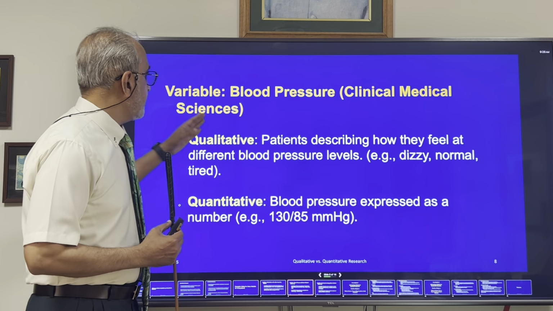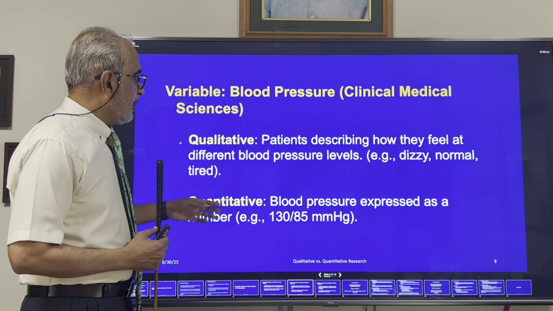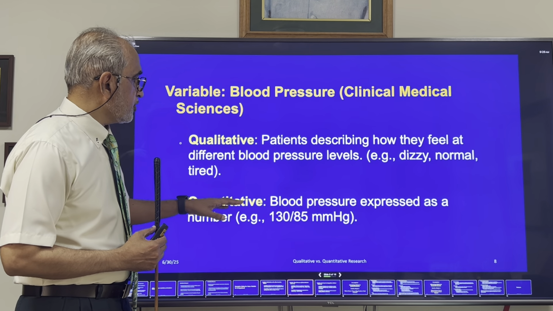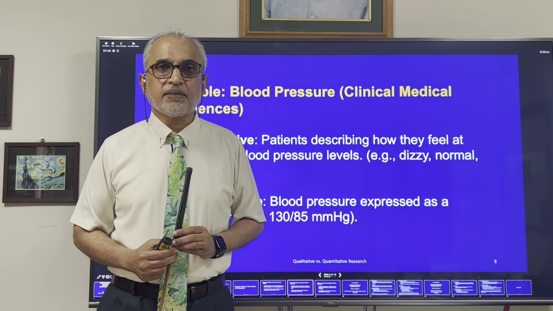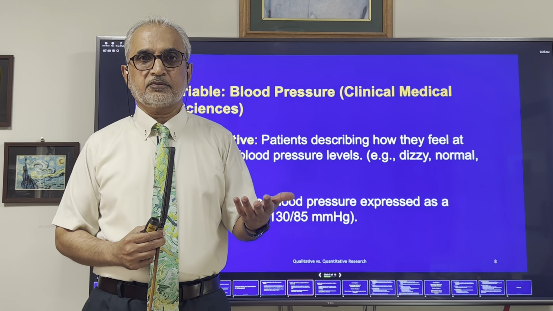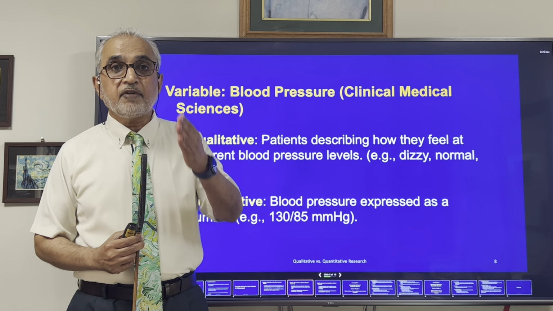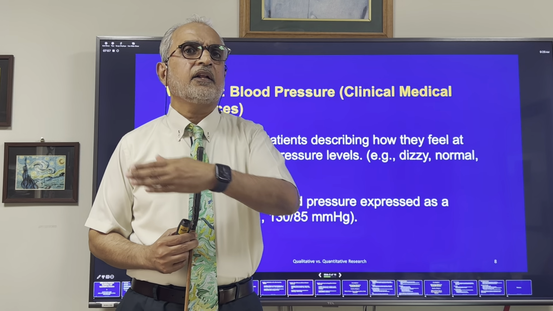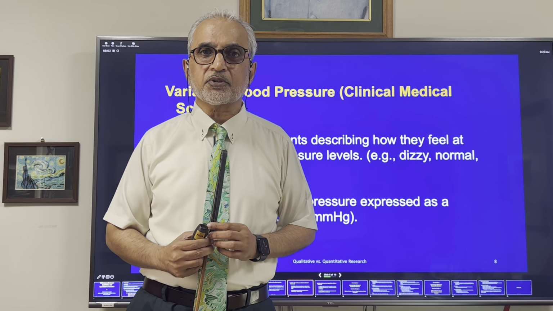That is why it is qualitative research. In quantitative research, blood pressure is expressed as a number, for example, 130 over 85 millimeters of mercury. For example, what is the blood pressure of the students who are listening to this video at this time? If you take the students and measure them, everyone will have a blood pressure, and blood pressure is measurable. And then you can tell the average blood pressure, the mean blood pressure, and so on and so forth.